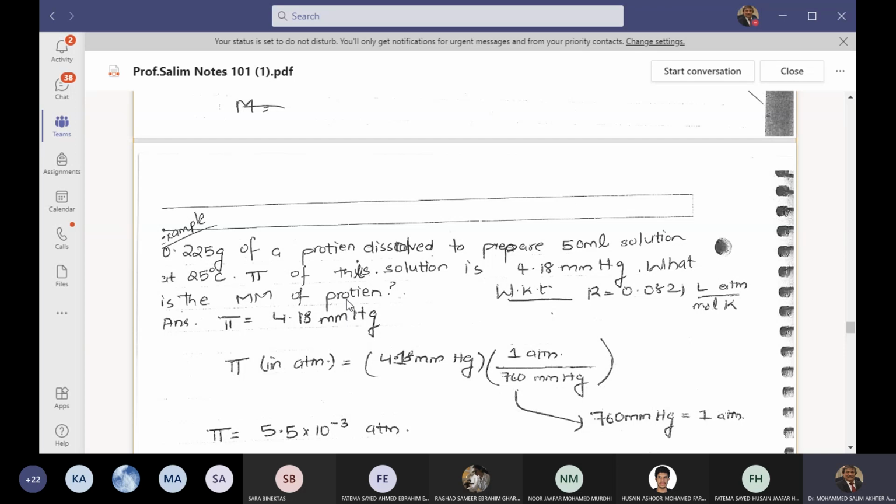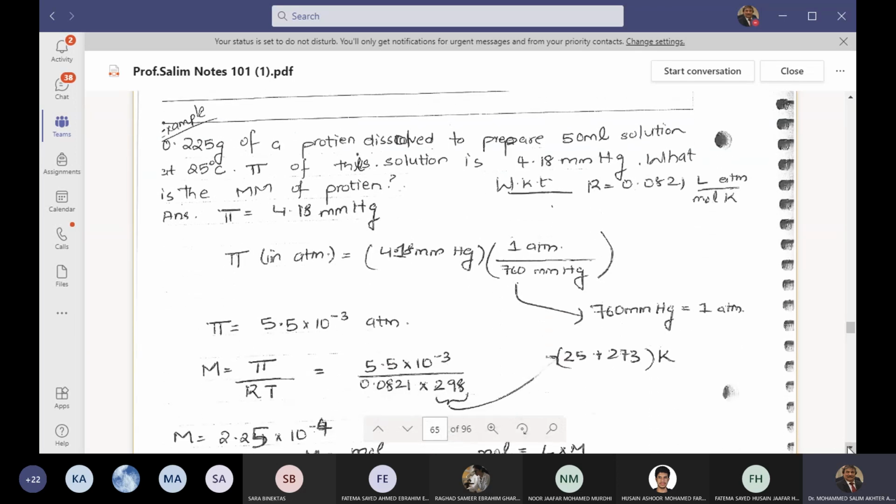Which formula am I going to use? Pi equal to capital M R T. Here pi should be in atm. I have 4.18. Can I divide by 760? Why am I dividing by 760?